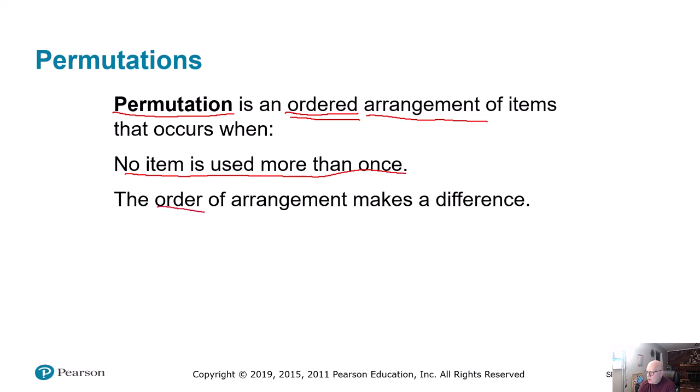The order of arrangement makes a difference. Order. Permutations. Order matters. All right. Now that's going to be different from combination. In combinations, order does not matter. But we're talking about permutations where order matters.